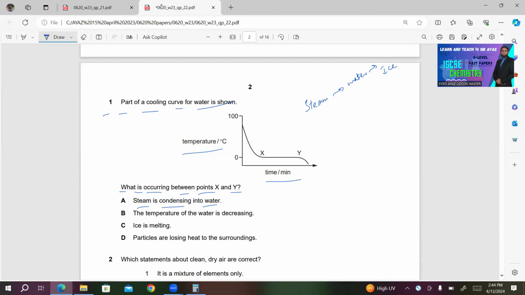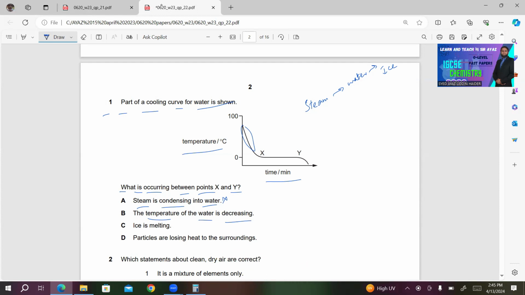The temperature for steam is 100 degrees centigrade, and if you see the graph, this point is not touching 100 degrees centigrade. So it can't be the steam. It must be liquid water. So this can't be the right statement. B, temperature of the water is decreasing.